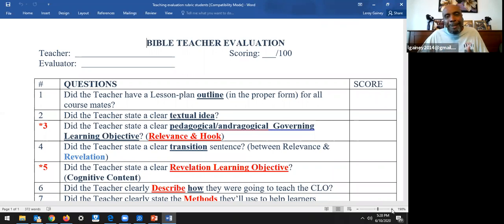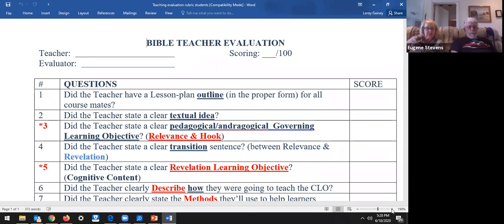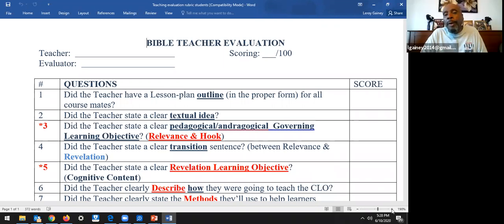You can practice before your peers, or you can practice before the church. We can invite them to your practicum, but let me know when you want to do that.